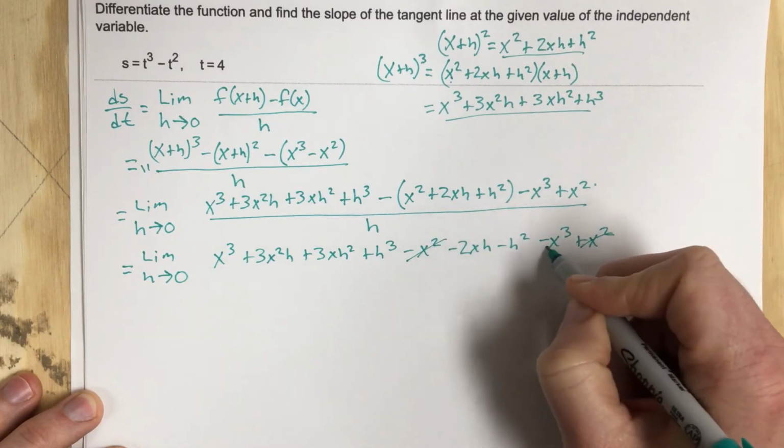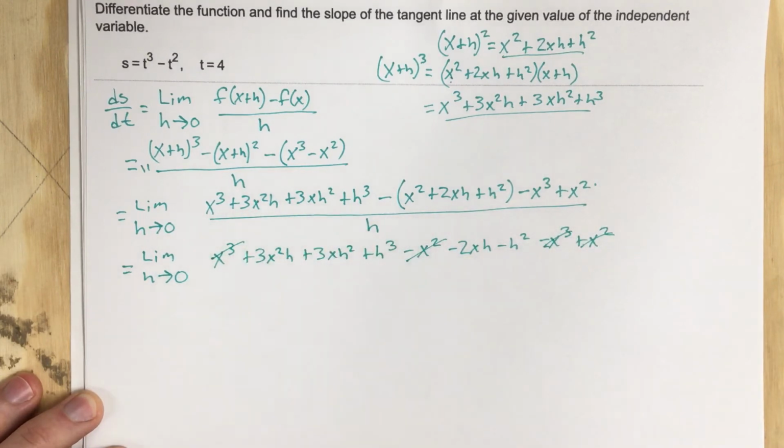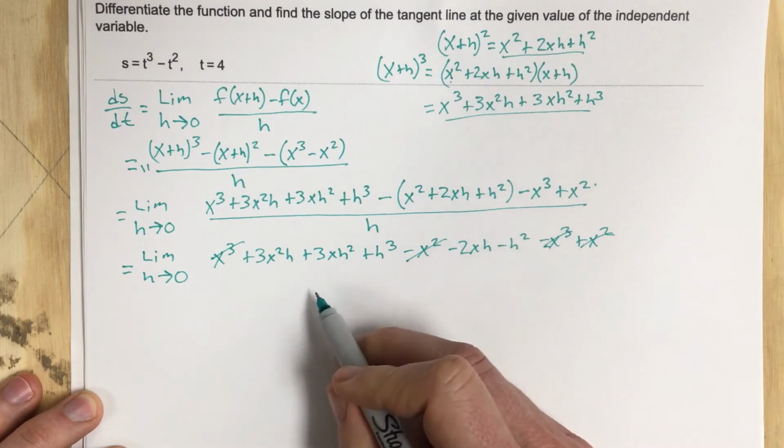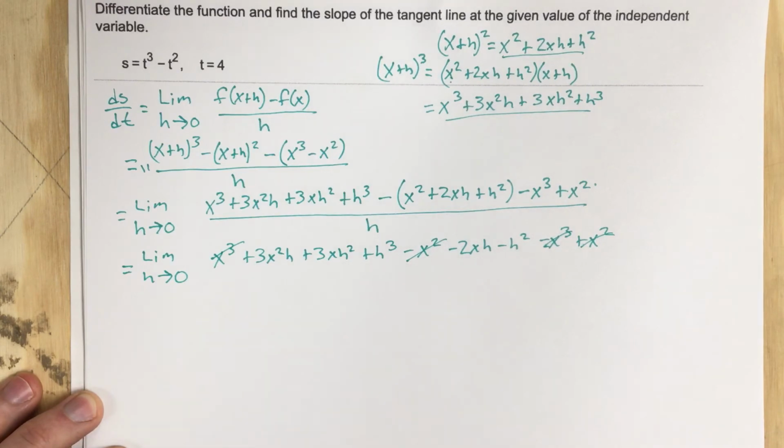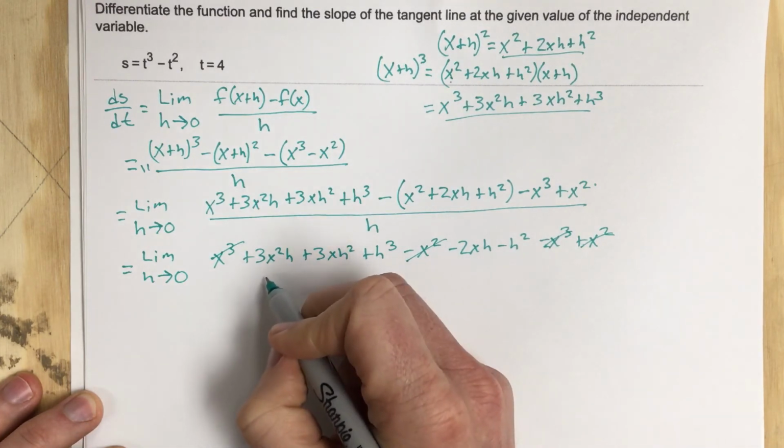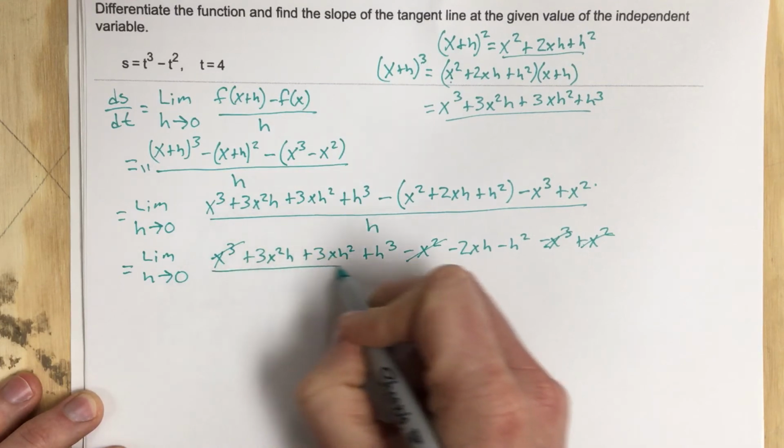Cancel the x squareds, cancel the x cubes, and nothing else can cancel. So we're going to end up with 3x squared. By the way, that's all over h.